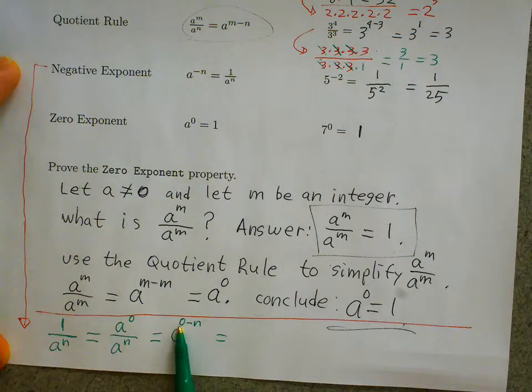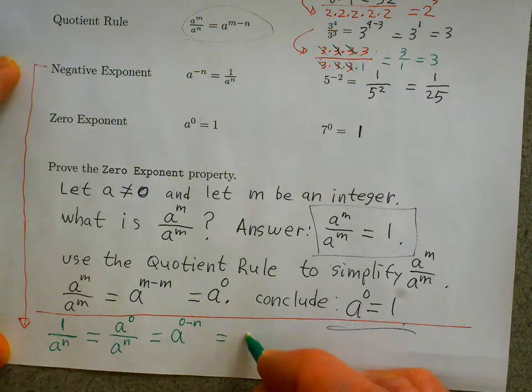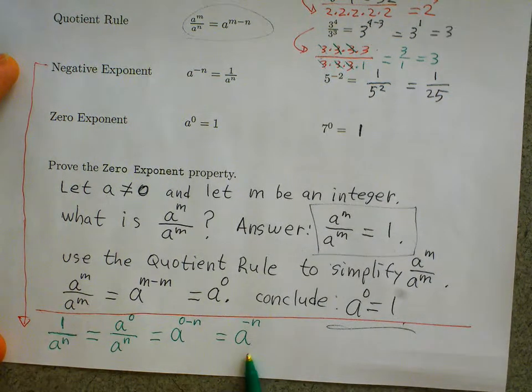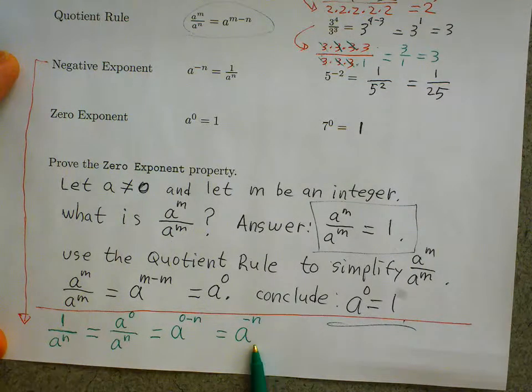And what's 0 minus n? Negative n. 0 minus n is just negative n, so I get a to the negative n. So this, in effect, proves the negative exponent property.